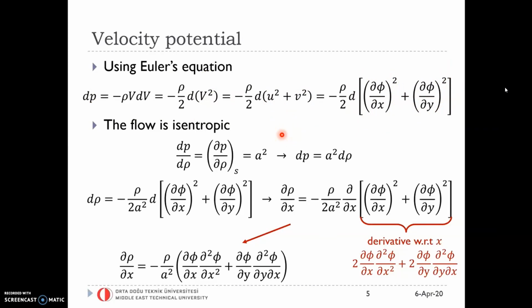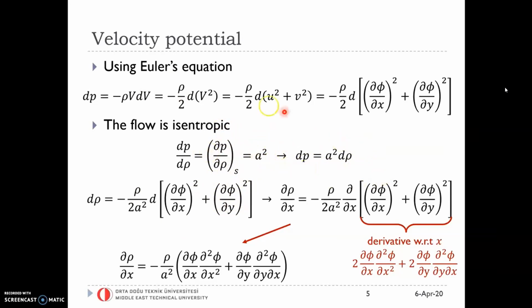As I'm working with velocity potential, there has to be an assumption of irrotational flow. It's steady, compressible. Now I can assume that this flow is isentropic as well, and in that case dp over d rho is equal to dp over d rho in isentropic conditions, and that is equal to the square of the speed of sound, which means that I can write down dp as a squared times d rho, as shown here.